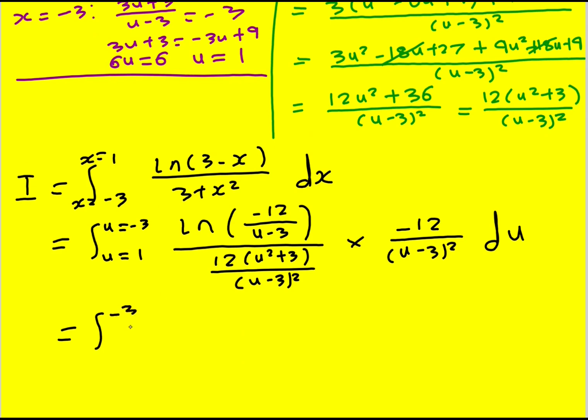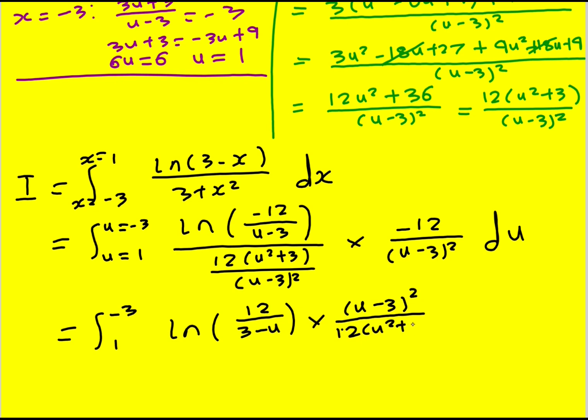So I'm just going to make the limits minus 3, 1 now, get rid of those u's. And then it's ln. And I didn't really like the minus when I saw that, so I made it 12 over 3 minus u. Then instead of dividing by this fraction, I can keep, change, flip: u minus 3 squared over 12 over u squared plus 3 times minus 12.